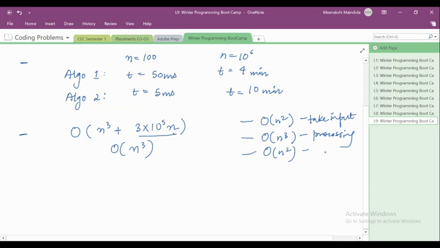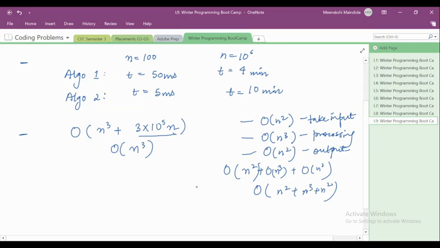Okay, so suppose you say order of n square plus order of n cube plus order of n square, or n square plus n cube plus n square, this is different and this is different.